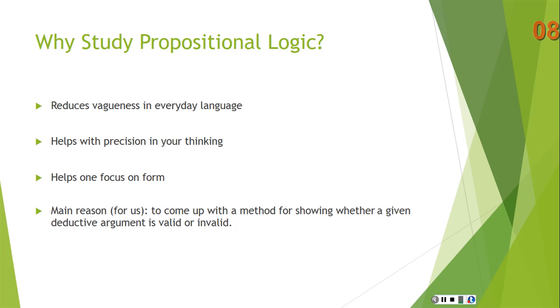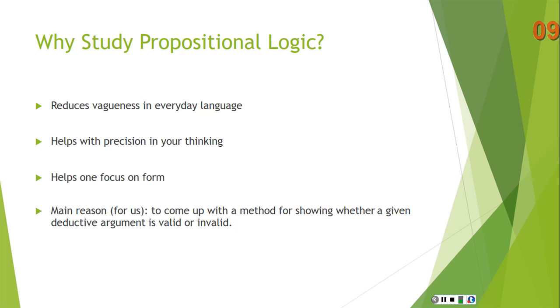And propositional logic helps you focus on form. The form of what? Arguments. When we studied validity in the first section, we saw that a valid argument is a deductive argument in which it is impossible for the premises to be true and the conclusion to be false.